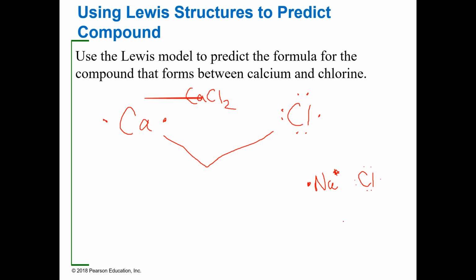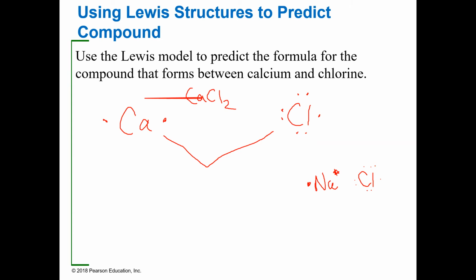Okay. Now, if I want to bring these 2 together, I know that when they come together, because this is a metal and this is a nonmetal, I'm going to be losing and gaining electrons. The metal's going to lose 1, and the nonmetal is going to gain 1. Why 1?